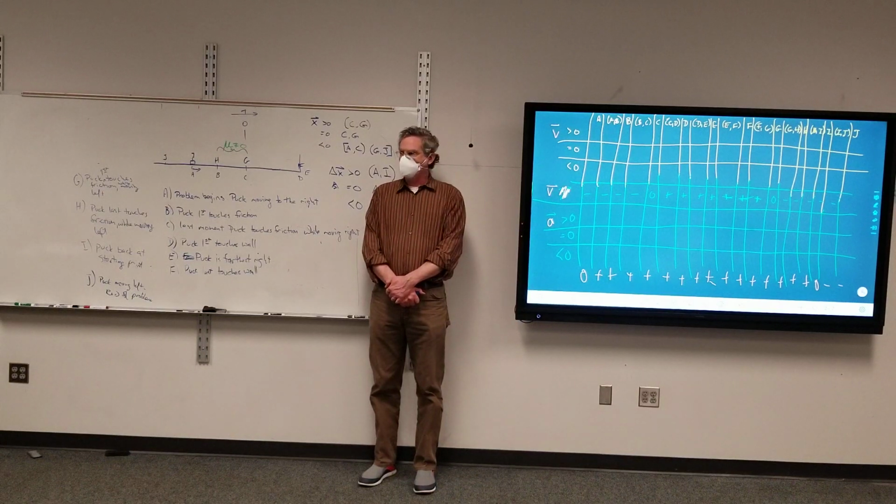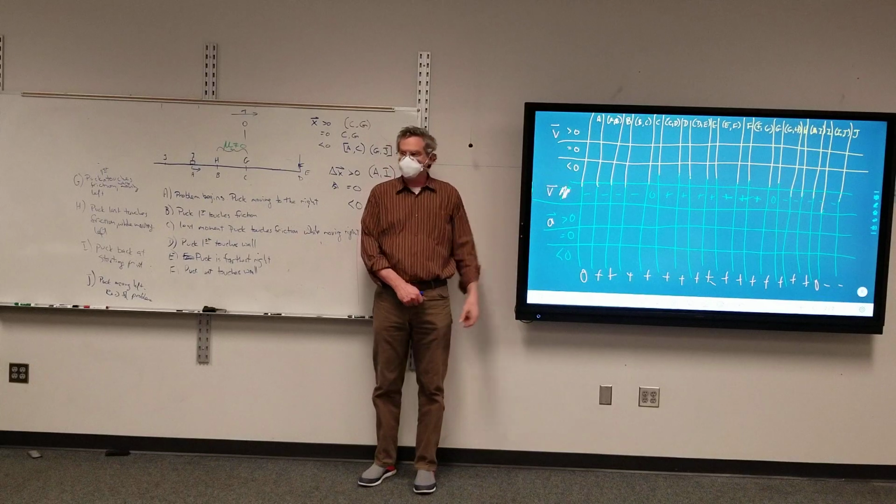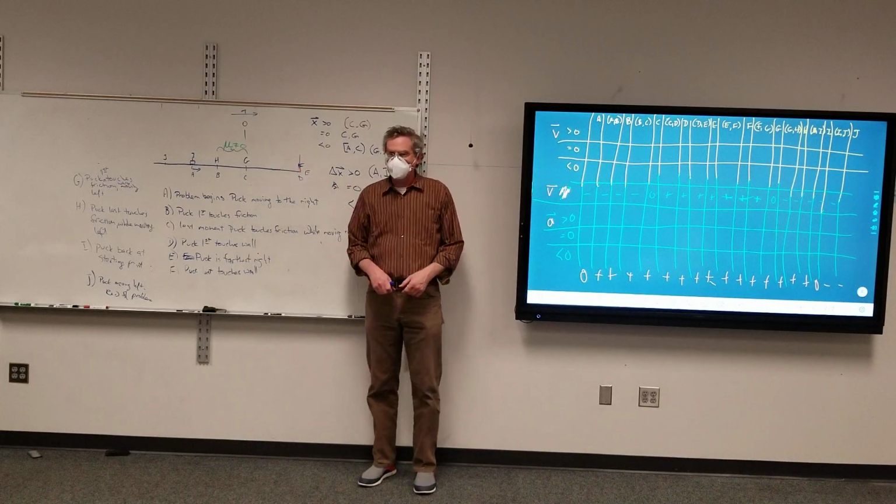When it's moving that way, it's positive. When it's moving this way, it's negative. So the sign depends upon the direction of the movement, the direction of motion. Moving that way, it's positive. Moving that way, it's negative.